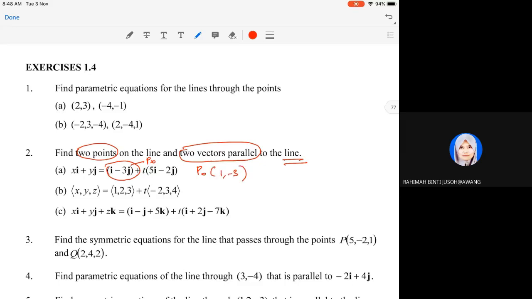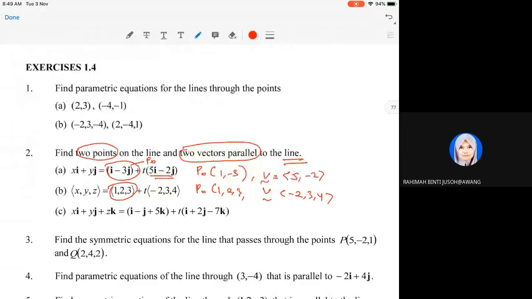And then this is the parallel vector V. V is 5, -2. Okay, the same thing happens for question B. This is the P naught, so P naught is 1, 2, 3. And then the parallel vector is -2, 3, 4. Okay, questions A and B are quite simple. So let us do question 2C.